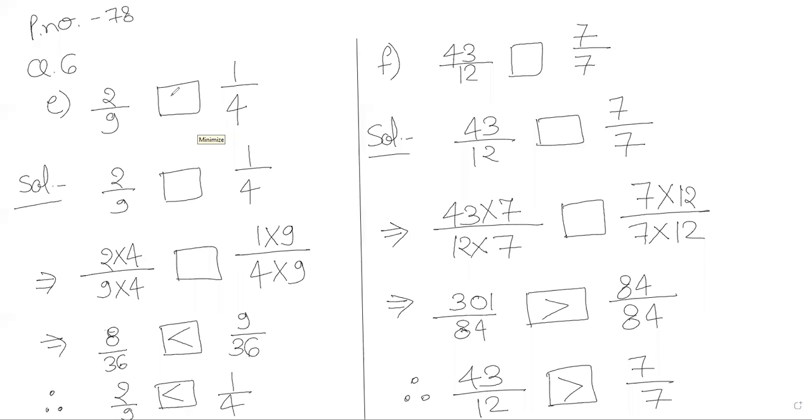Now we will solve question number G and H. In question number G, you need to compare 7 upon 14 with 1 upon 5.